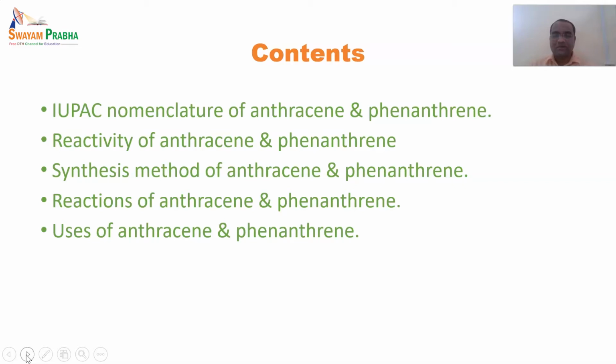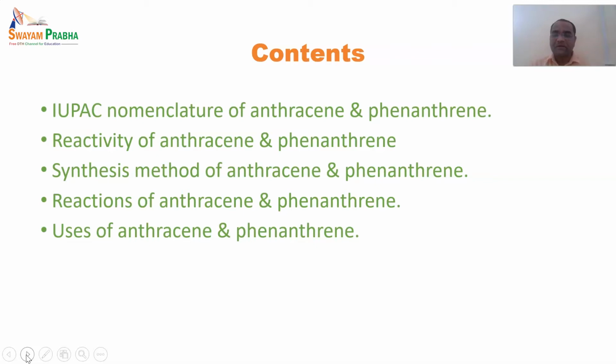Anthracene and phenanthrene have quite similar structures. If you remember, in the earlier session we saw the classification of fused benzenoid structures. These two examples differ in category: one is linear and the second is angular. Anthracene is a linear fused polynuclear aromatic hydrocarbon, and phenanthrene is of the angular type.